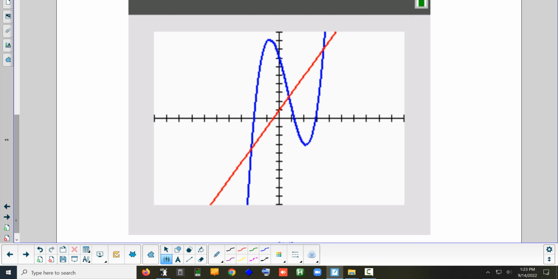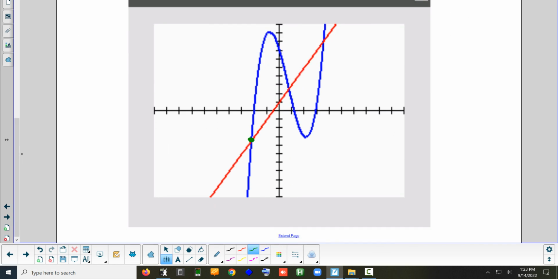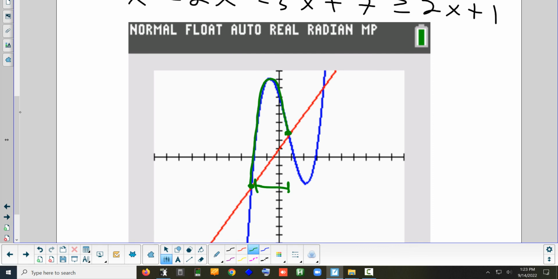Just 2. You would trace, does it say less than or equal, or greater than or equal? This section, the blue is above the red. So I need to describe all the x values between here and there. And then I need to describe the x values from here, and that just keeps going forever. So there are 2 sections where the blue is above the red.